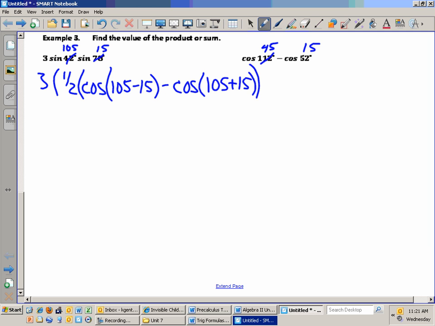I know this looks bad, but it's not that bad. What's 105 minus 15? So I have 3 times 1/2 times the cosine of 90 minus the cosine of 120.